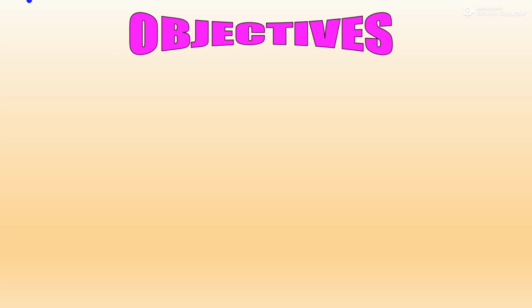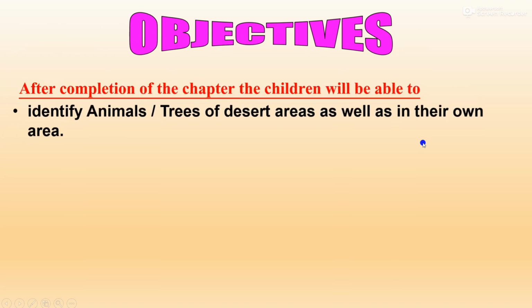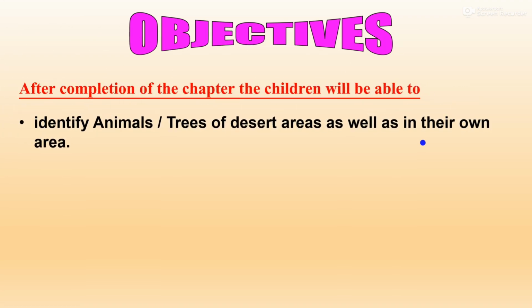Before starting the video, first we will see what our today's objectives are. After completion of the chapter, the children will be able to identify animals and trees of desert areas as well as in their own area.